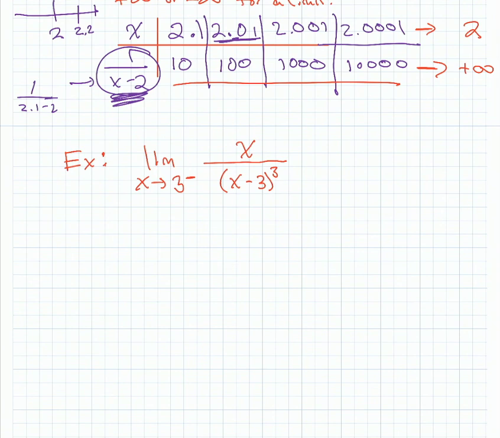Here's how you would go about it. First thing, try to plug in x equals 3. You get 3 over 3 minus 3 to the 3, which is 3 over 0. When you get 3 over 0, that is telling you that you have some kind of infinity here.